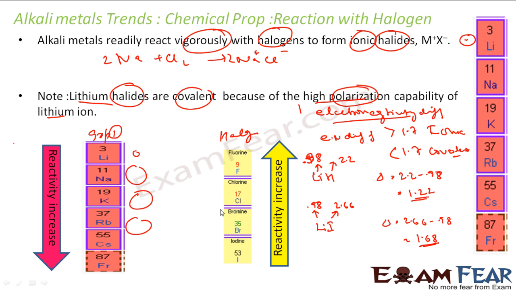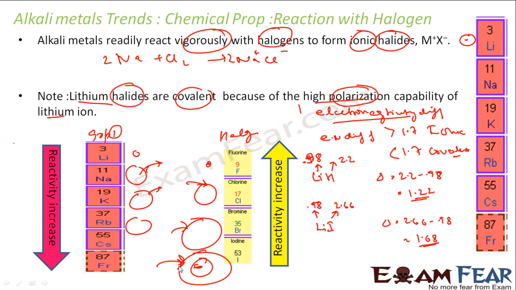The moment they increase in size, they have less tendency to pull electrons. Metals are electron givers, and halogens are electron pullers, acceptors. So the moment they increase in size, they have less tendency to gain electrons.